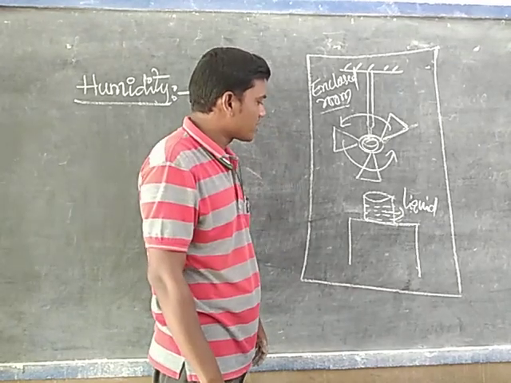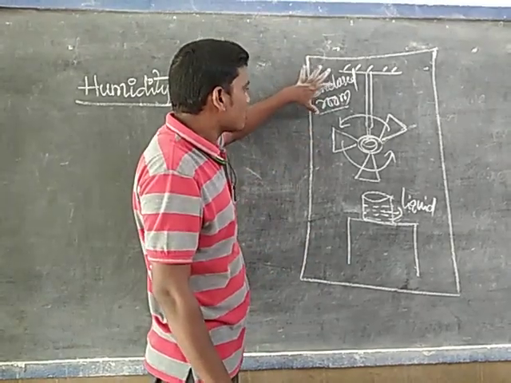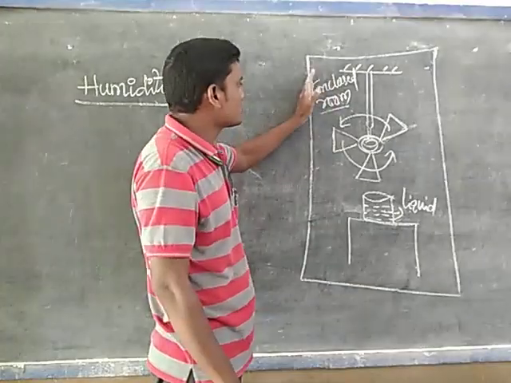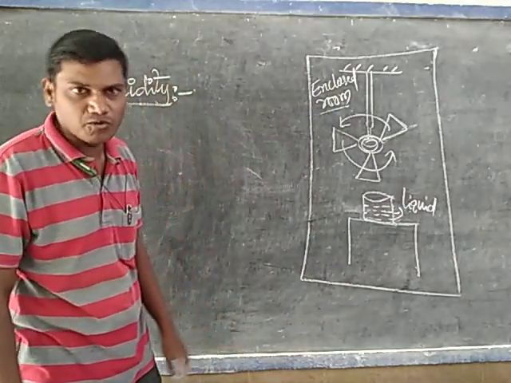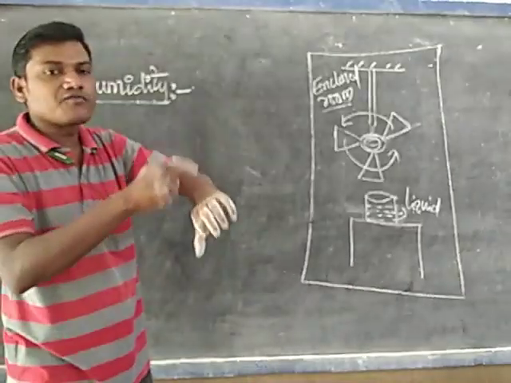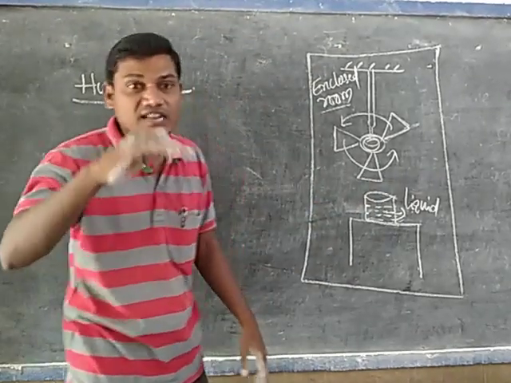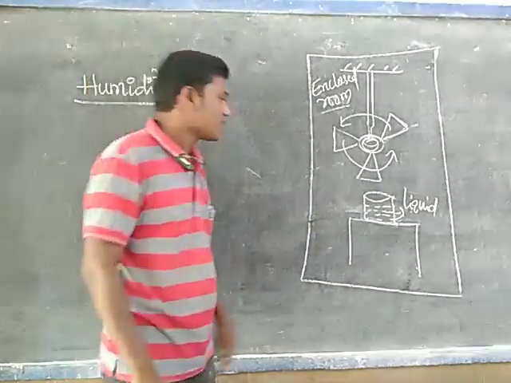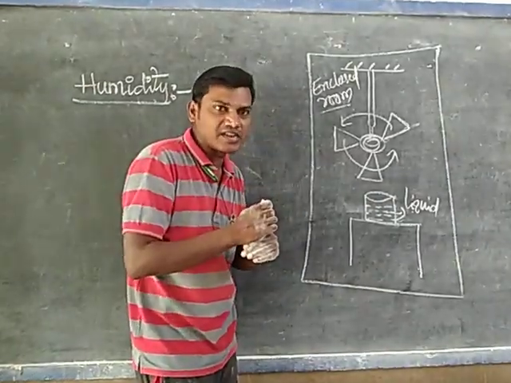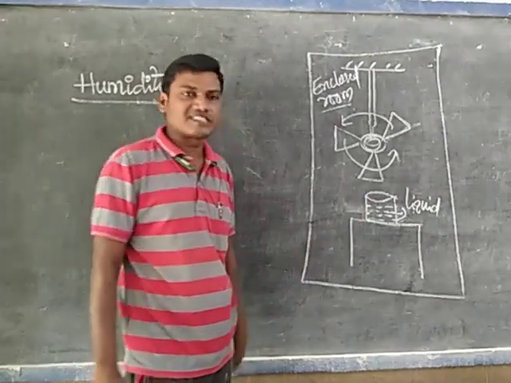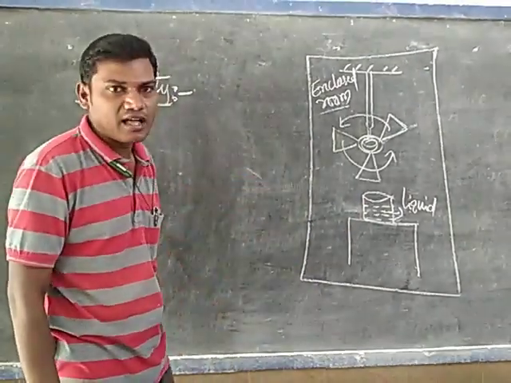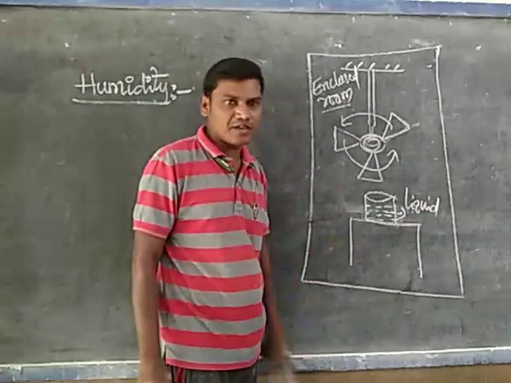Now we switch on the fan, close the door, and leave the room. After 4 or 5 hours, you come back and observe the level of the liquid, or if you cannot observe it clearly, with the help of a measuring jar you can measure the quantity of liquid.